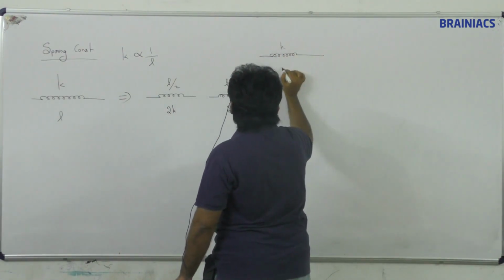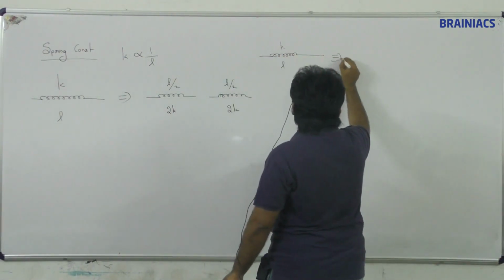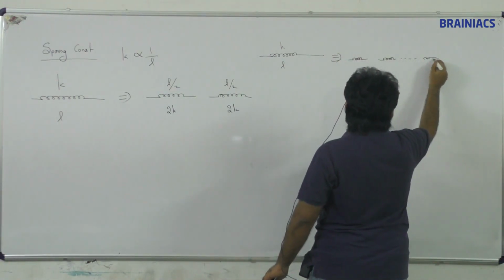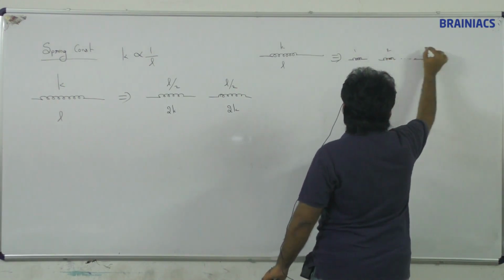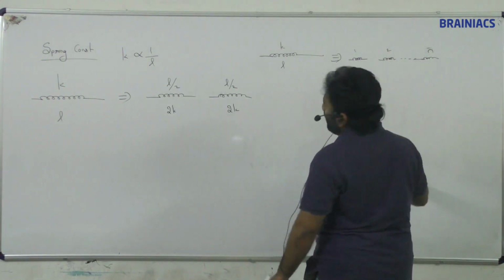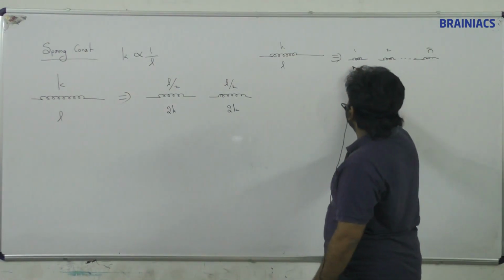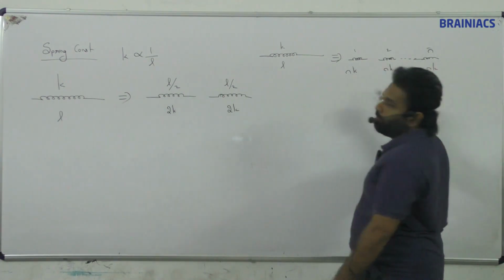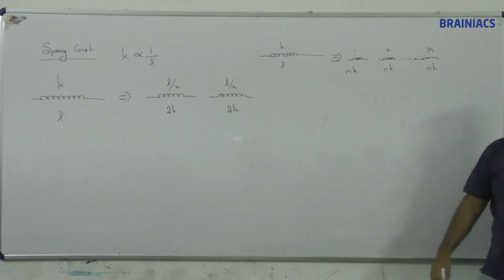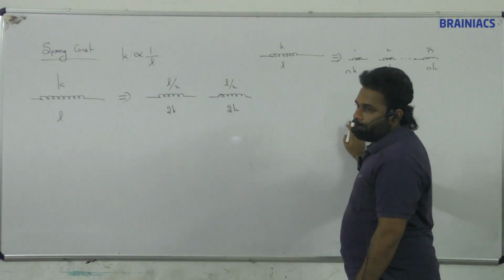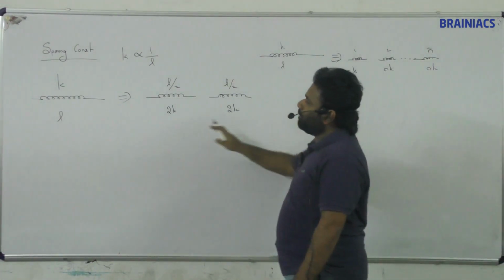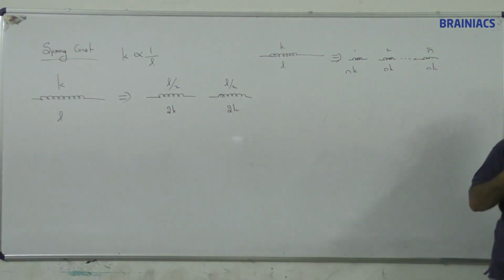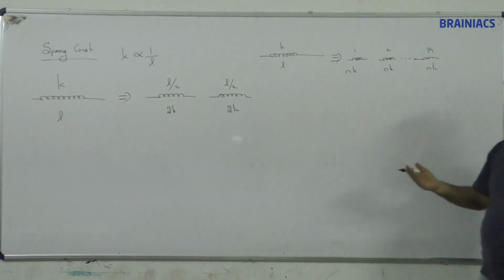Same way, if this is K and we divide this into so many springs, 1, 2, N, what will happen to the constants? NK, NK, NK. Correct or what? Same way, if we have joined some springs together, that will become 2K, 3K, NK.